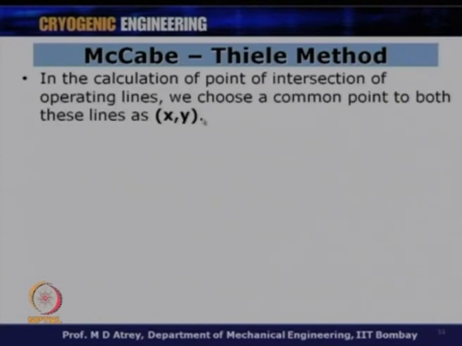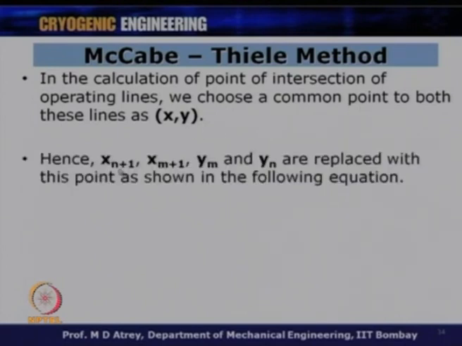In the calculation of the point of intersection, if I am keen to know my feed inlet condition, which is denoted by the point of intersection of these two operating lines, the operating lines will have some coordinate x and y, and they should be satisfied by both the equation of the operating line for the stripping section and the operating line for the enriching section. So, we choose a common point and call it x and y.